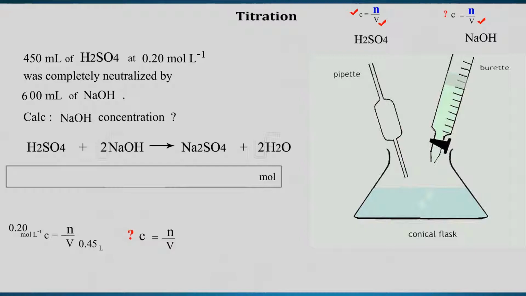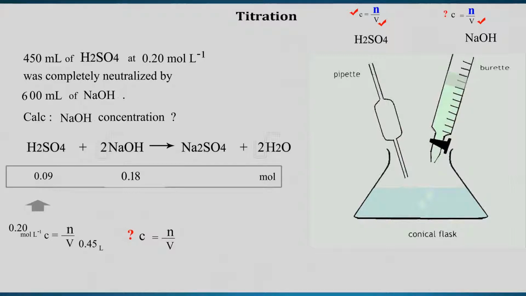Here, C times V gives mole. Careful, with this relationship, should they be equal? No, it should be double, times 2. You have to times 2. It is a diprotic acid, so it's 0.18 mole.